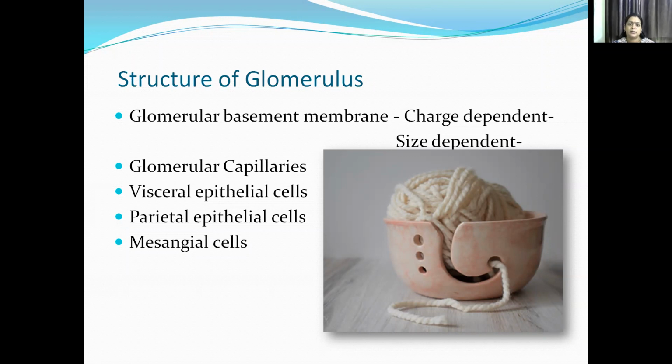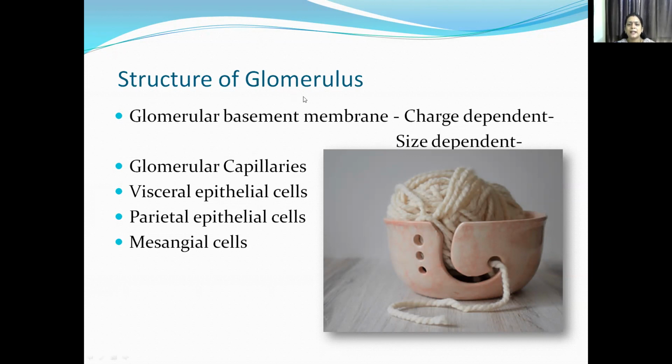I mean space, not the diameter, the space. So here we have the space of 70 to 100 nanometers, which will have the slit in between the cells. This is called the fenestrated endothelium. So that will allow some things to go inside, right? It is not allowing everything, but just some things to go inside. That is about the glomerular capillaries.